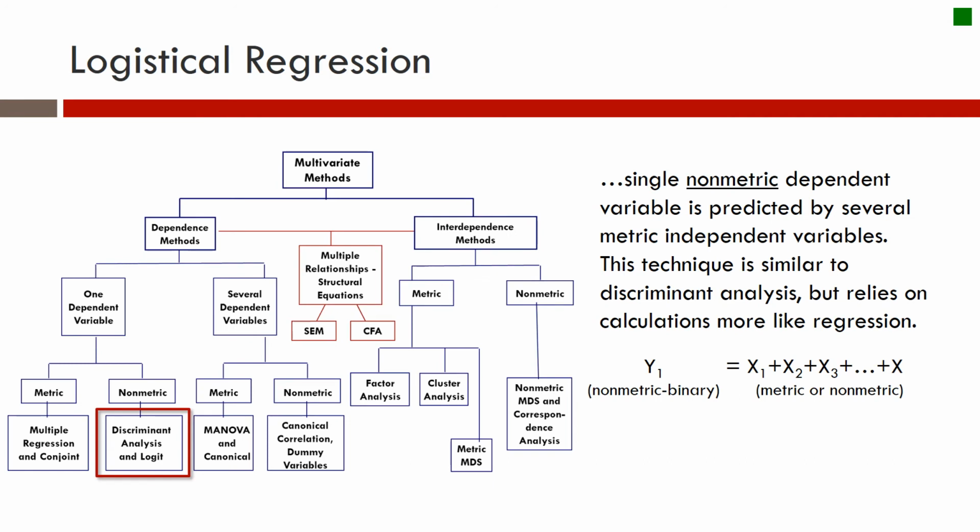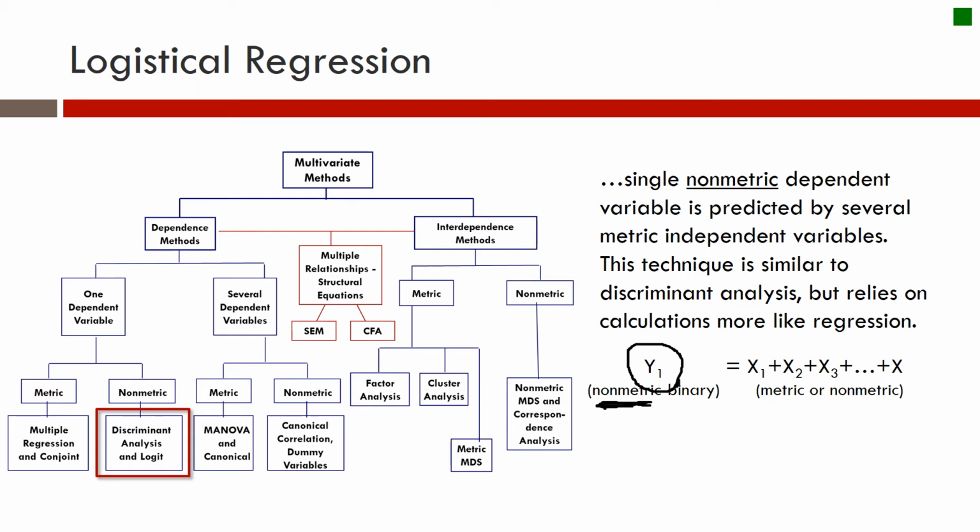Logistic regression is another type of non-metric data analysis. This is a case where the dependent variable is non-metric. It's either a yes or a no, or purchased or didn't purchase, or something along those lines.